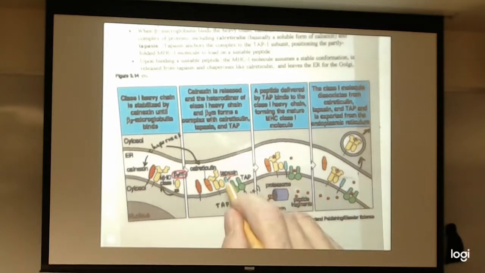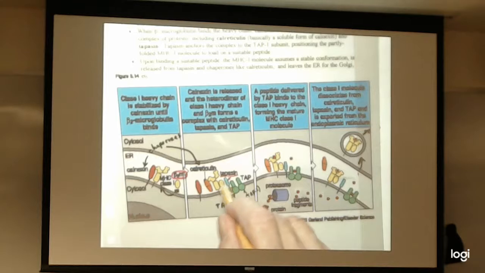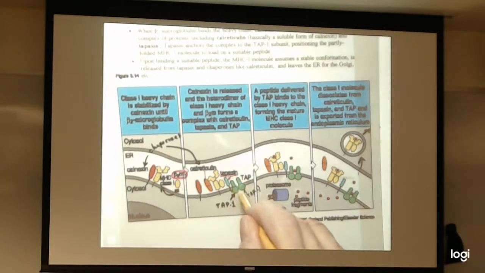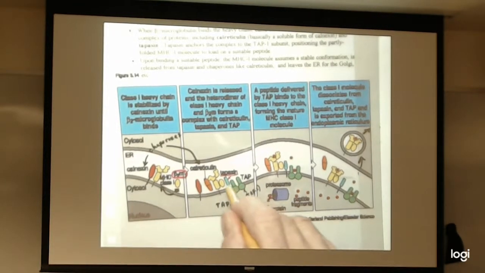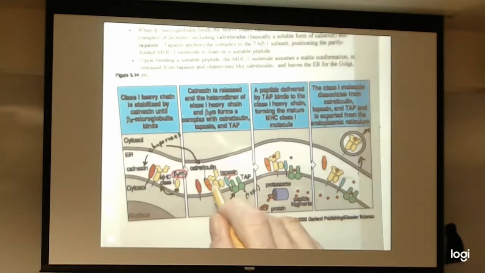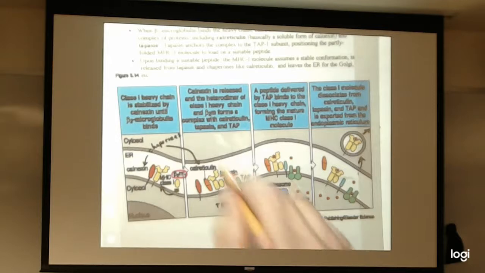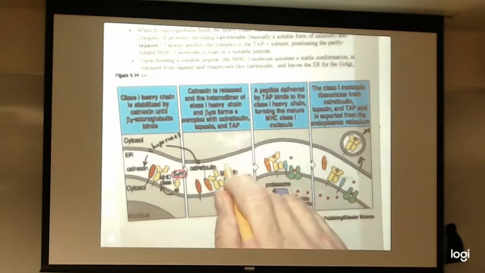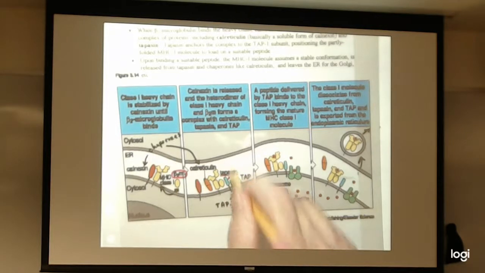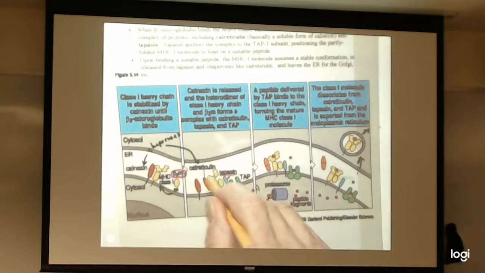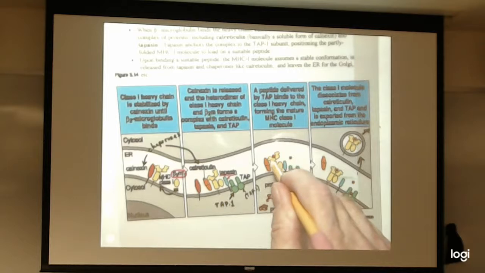So tapasin is a protein here in green that binds both to the beta-2 microglobulin and to the TAP transporter component here. And now tapasin is holding the newly made class 1 molecule right near the place where all the newly made peptides are streaming in. And so it increases the probability that the right peptide, when it comes through, will be able to immediately find its binding site on the class 1 protein here.